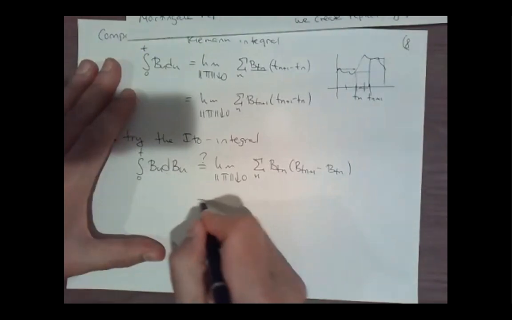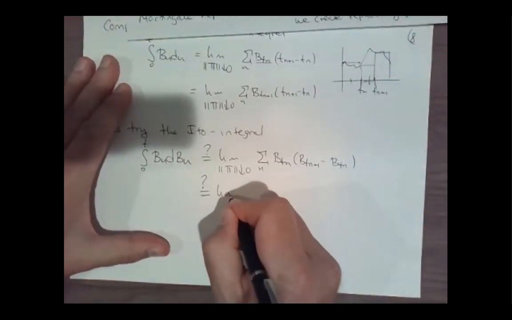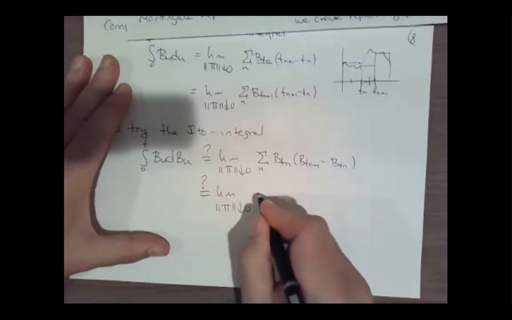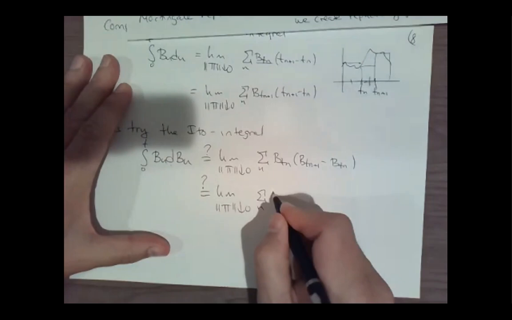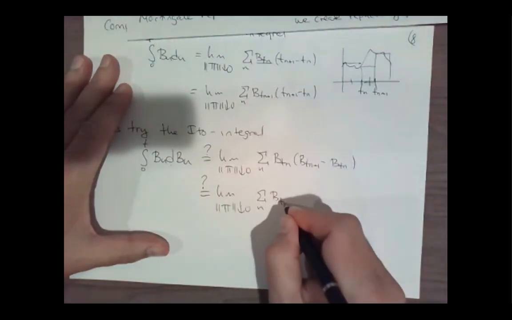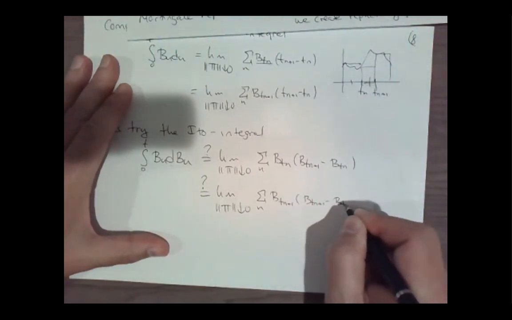But of course, I could equally well have chosen the limit as the mesh goes to 0, and then instead of B_tn, pick the right endpoint, B_tn+1 times (B_tn+1 minus B_tn).